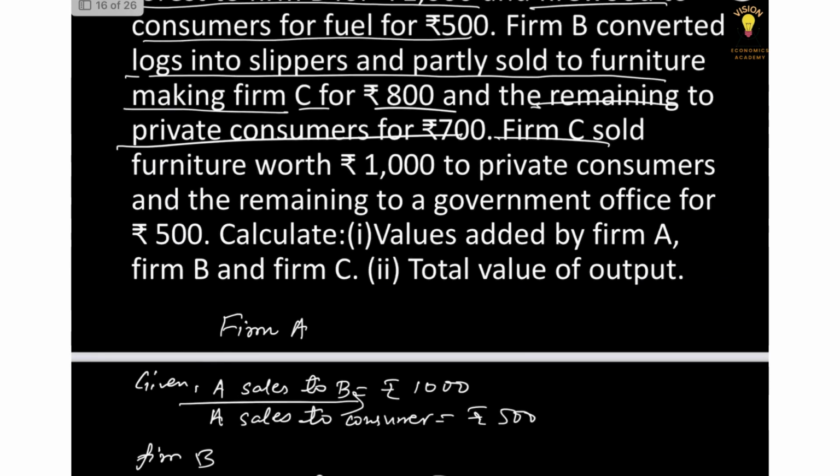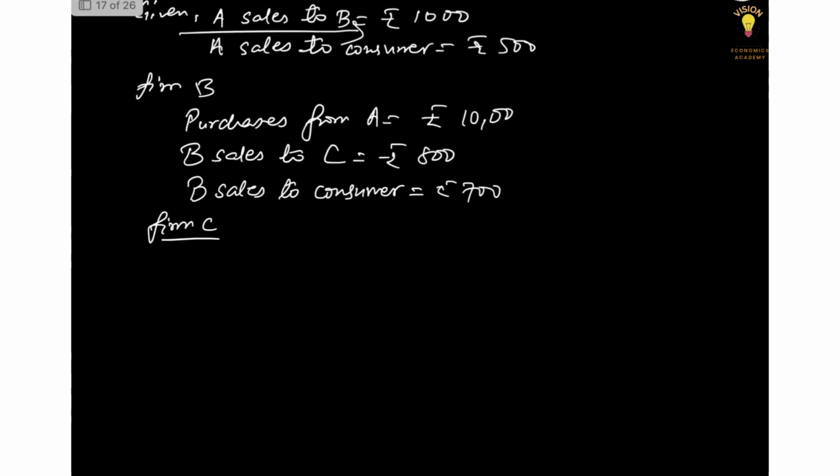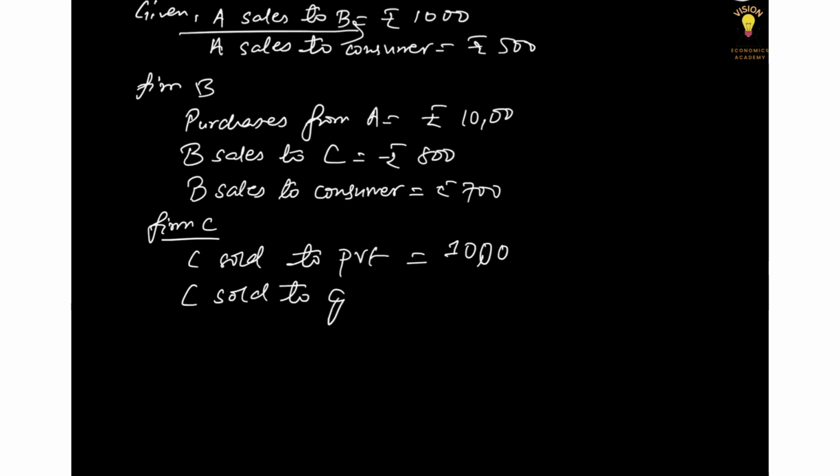Firm C sold furniture worth 1000 to a private consumer and the remaining to the government office for 500. So C sold to a private consumer worth rupees 1000, and C also sold to government worth 500.